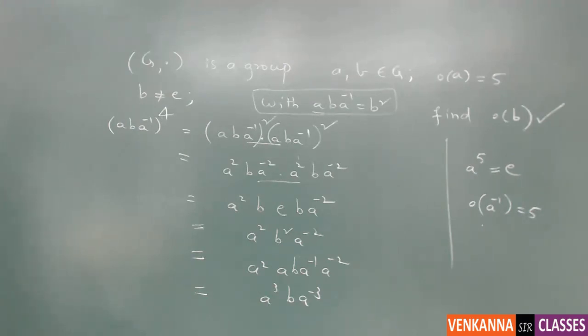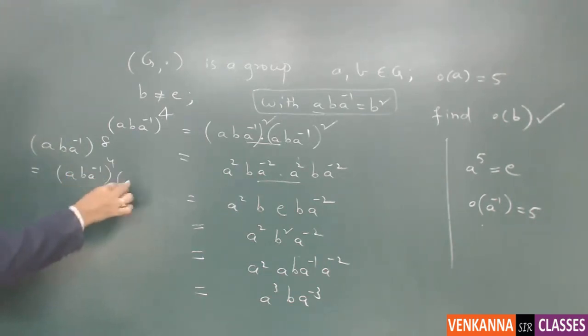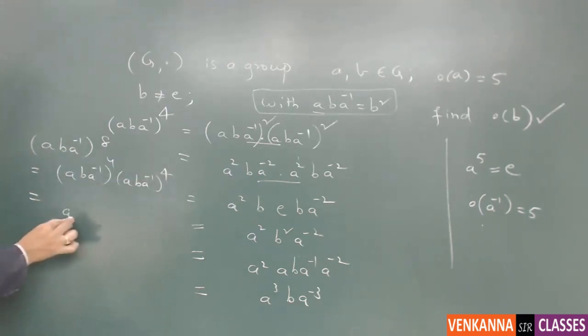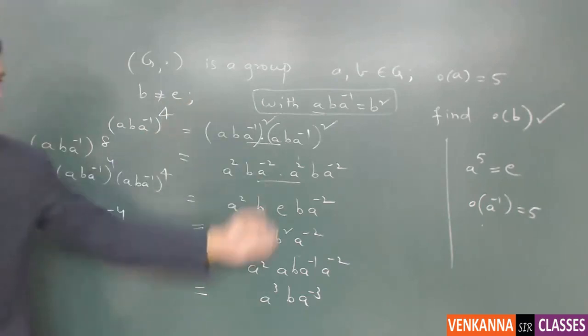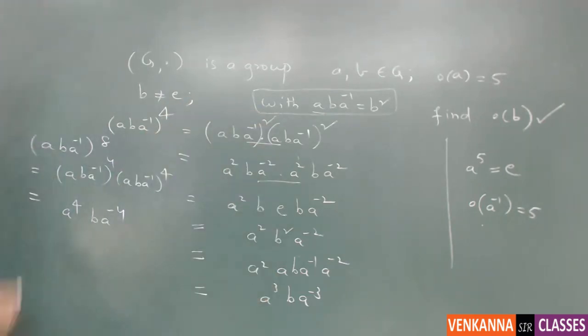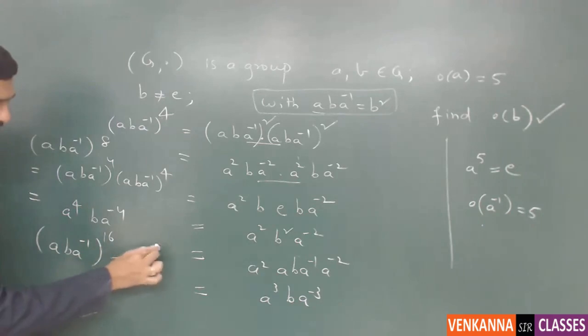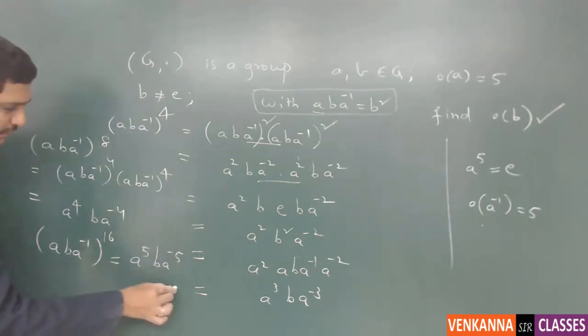So I will say that if you calculate A B A inverse whole power 8, doing whole power 4 into whole power 4, you will get the value as A power 4 B A power minus 4. You please check that. Do it on paper in your own way, just like this. And if you consider the whole power 16, you will get A power 5 B A power minus 5.